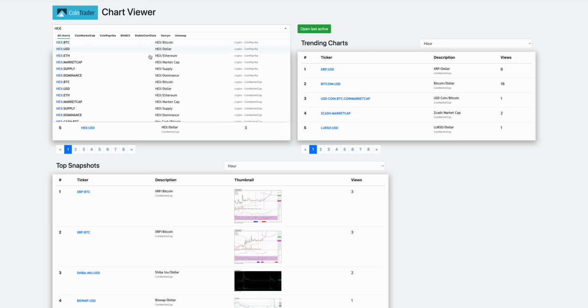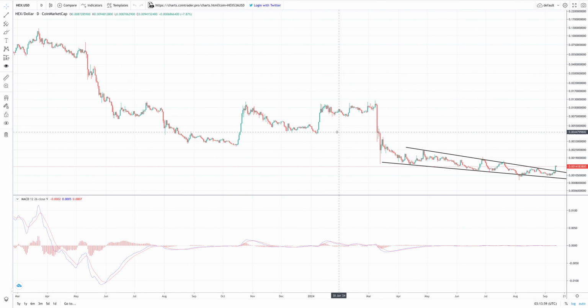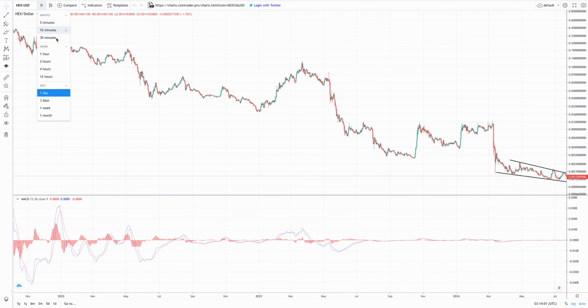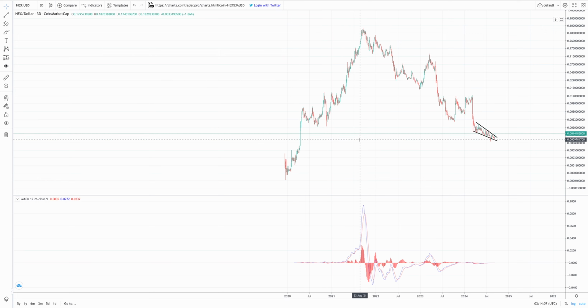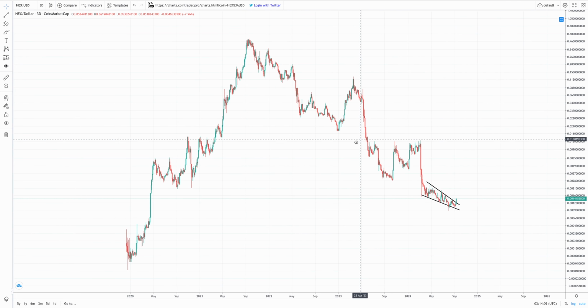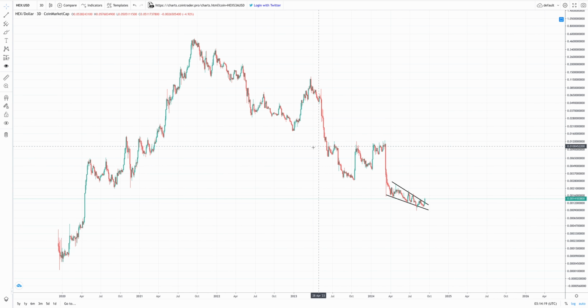Now I know the PulseChain community or PulseChain maxis, they don't like when I look at HEX. But I'm going to look at it anyway because I feel like it is an integral part of the Richard Heart ecosystem, because we can gauge the health of the overall ecosystem and sentiment, right, towards Richard Heart projects.